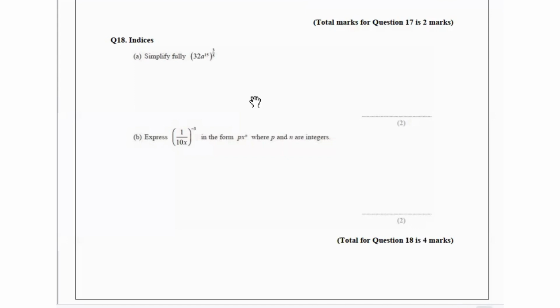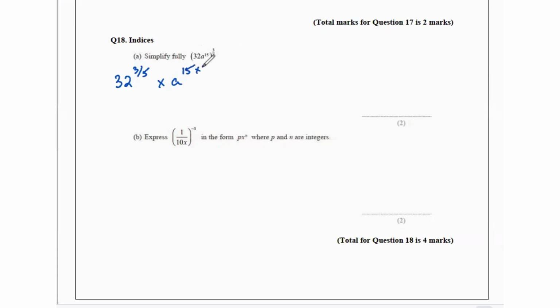So remember, whenever you have a power outside the bracket and inside the bracket, you distribute that power on all of the terms inside the bracket, not just the variables, but the coefficients as well. So when you distribute the power, it's going to come on 32 and a to the power of 15.